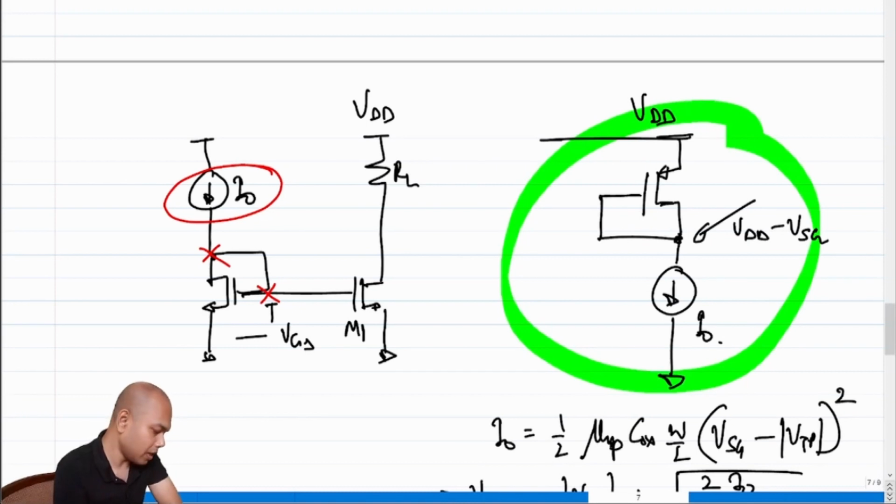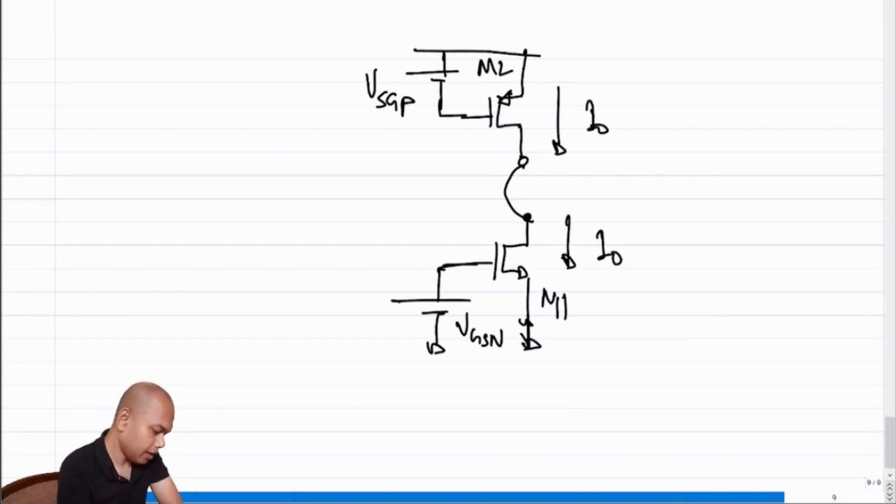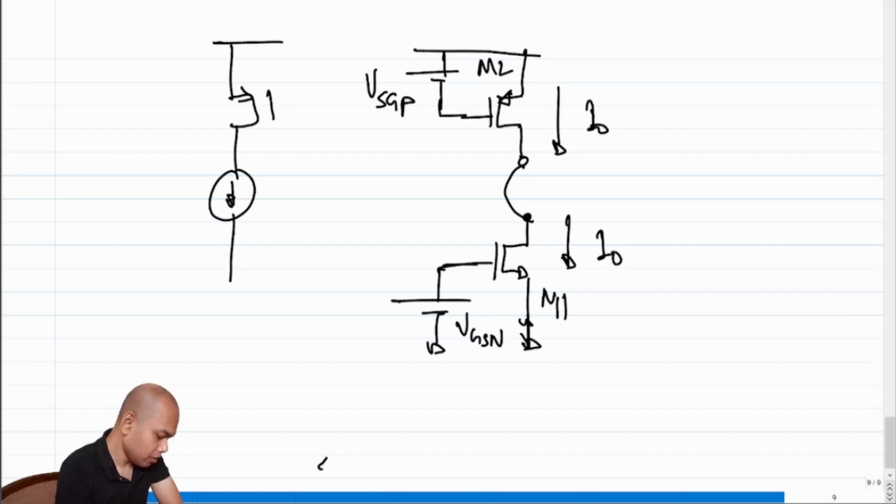So we'll basically steal this architecture, and what we will do is say that we have a constant current source I naught. I will diode connect it, and this voltage will naturally become VSGP.